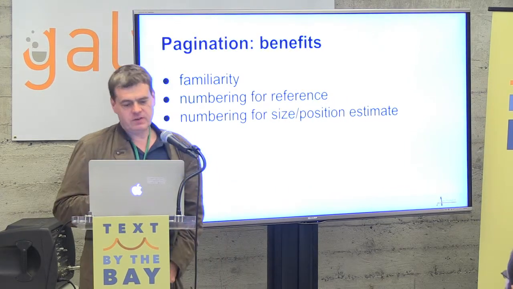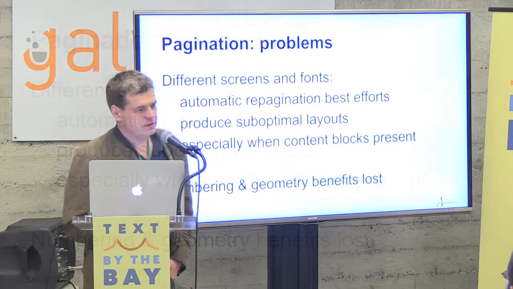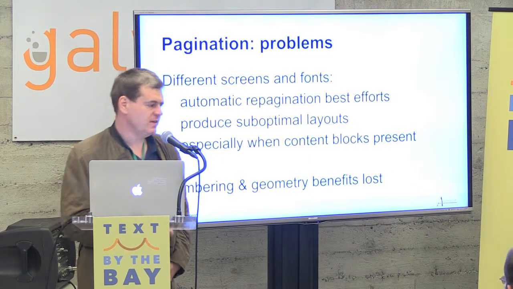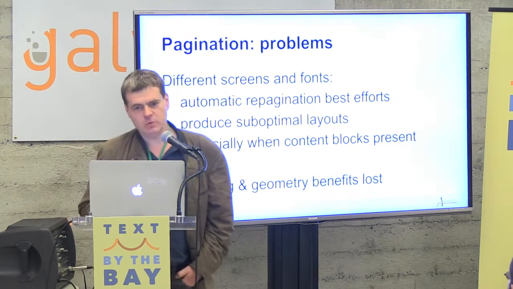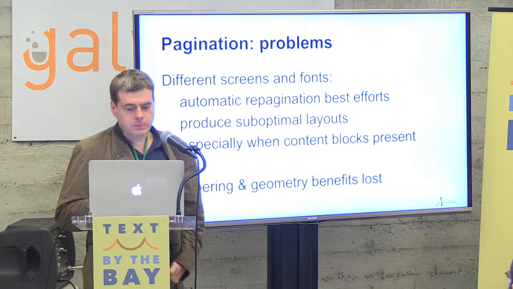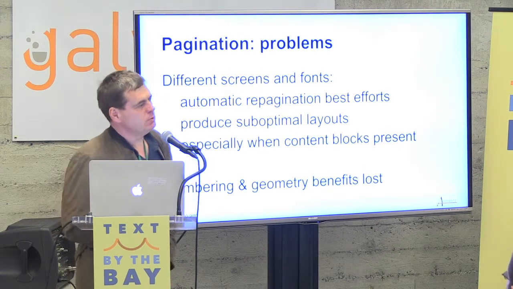So these are the pluses, of course, but the problems with pagination on electronic devices have to do with the fact that screens differ enormously in sizes and resolutions. You can display text in portrait or landscape modes. So the automatic rendering produces suboptimal results.